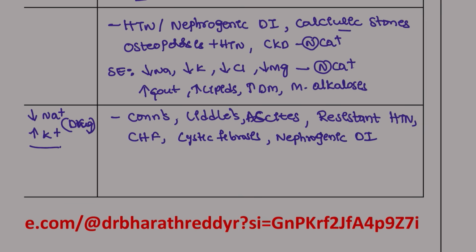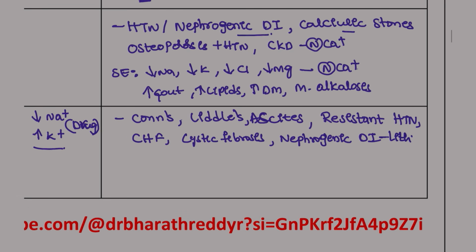But you might already have a doubt here: already we are giving it for nephrogenic DI, so why nephrogenic DI here? This is associated with lithium-induced nephrogenic DI, because lithium with thiazides can be even more toxic. So for this specific condition associated with lithium, we can give spironolactone.